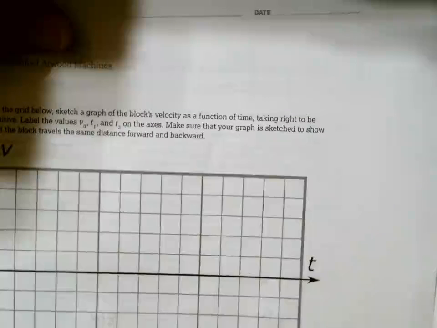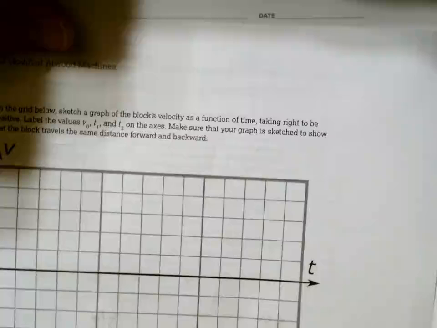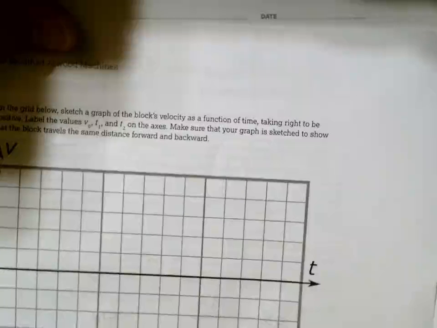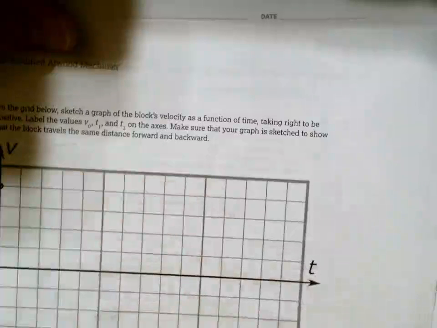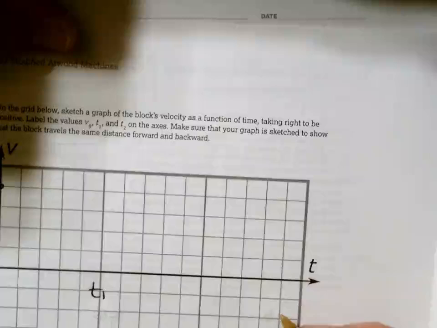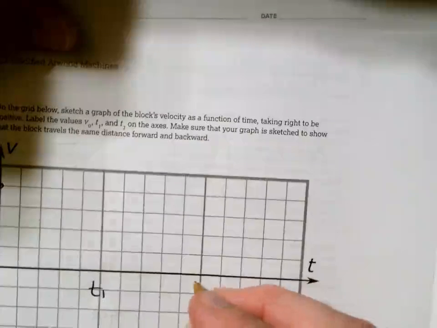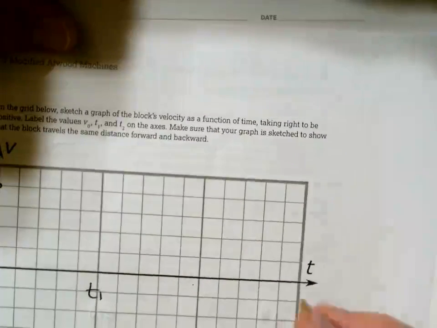On the grid below, sketch a graph of the block's velocity as a function of time, taking right to be positive. So it starts off with some big positive v0 velocity. Let's say this is t1, and this is T2 here.